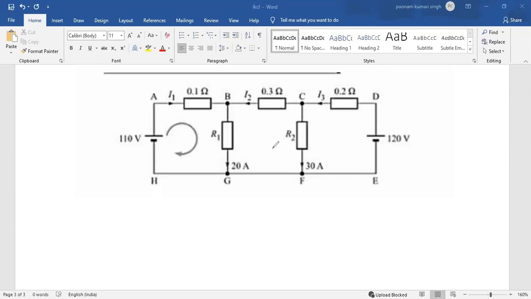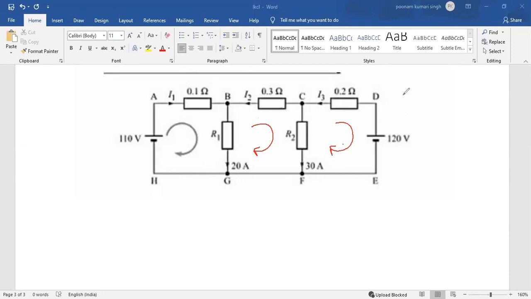So the first part is, you can see here the direction of current is already given. As it is given, they have assumed a clockwise direction. So let me assume every current in clockwise direction in each loop. I have taken this as clockwise.